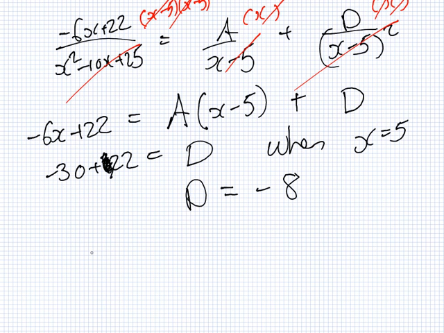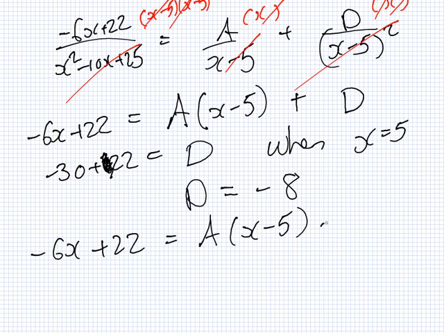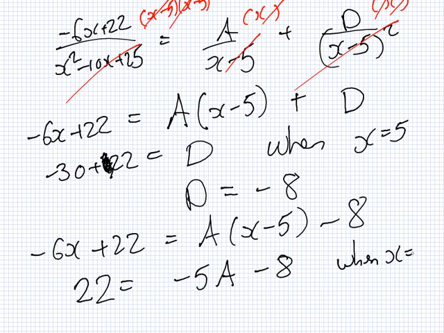Now we have minus 6x plus 22 equals A times x minus 5, minus 8. Now what do you choose for x? It really doesn't matter. Choose anything for x. What's the easiest one? 0. So 22 should equal minus 5A minus 8 when x equals 0.